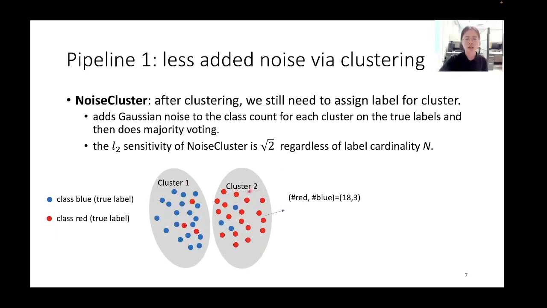We know the counting in cluster 2 for red versus blue is 18 versus 3. We will then add Gaussian noise to this counting. After the majority voting of the Gaussian noisy counting, we can get the cluster label for each cluster. As cluster 2 has the most red points, the majority voting of the Gaussian noisy counting is likely to be the majority voting on the noise-free counting.